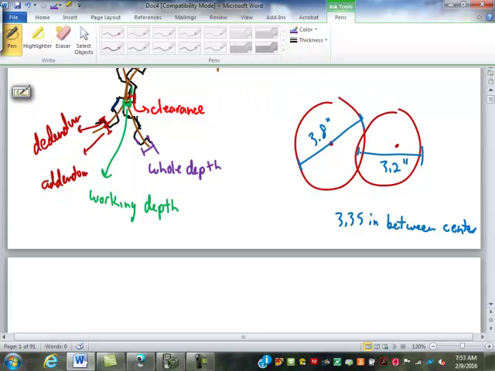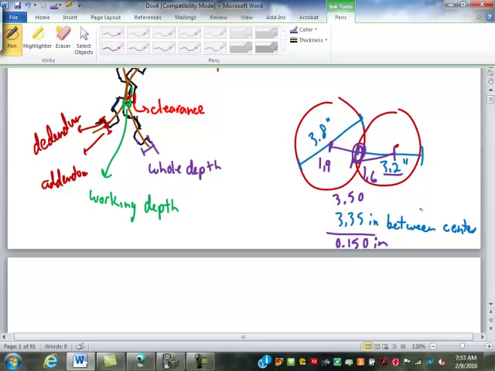We just figured out the working depth, because from here to here is 1.9, half of the 3.8. From here to here is 1.6, half of the 3.2. If I add those together, we get 3.50. Subtract the distance between centers, and that's 150 thousandths. So it's 150 thousandths working depth on those gears. They overlap by that much here. That's what that's telling us.